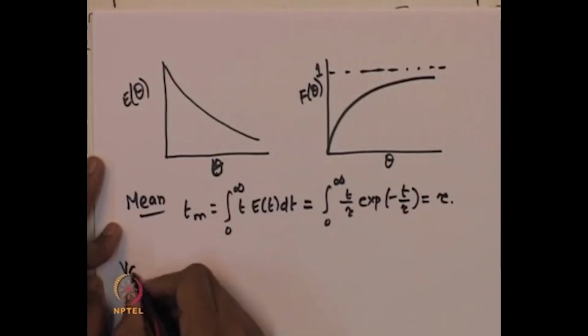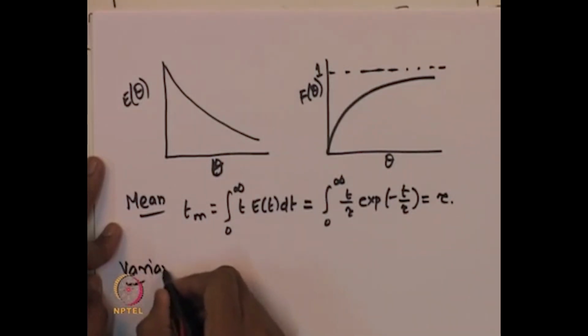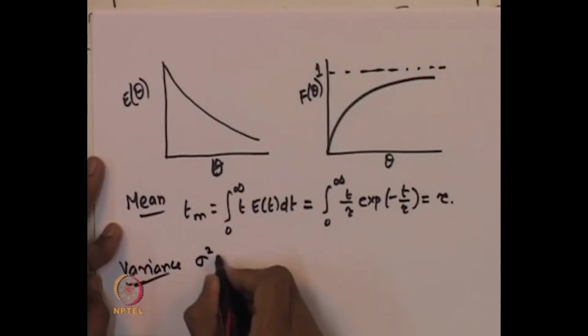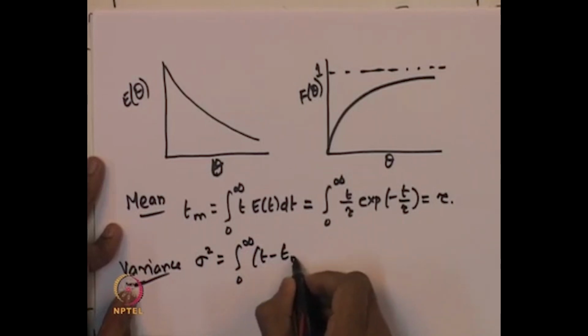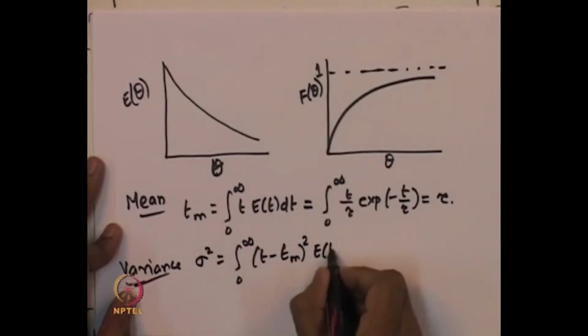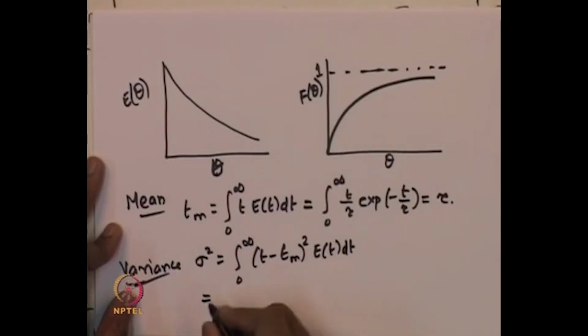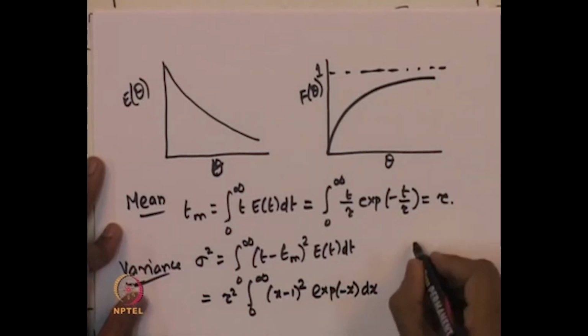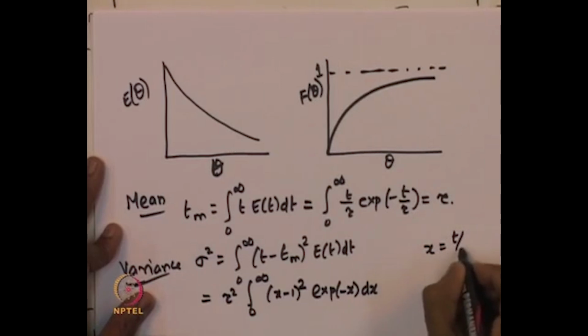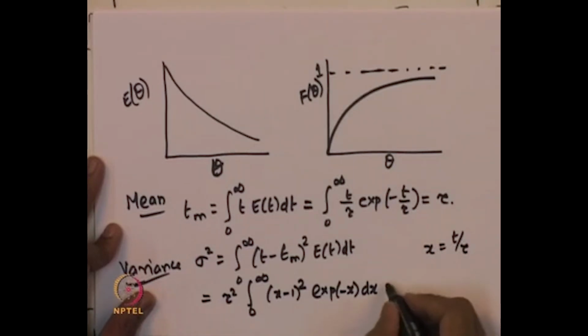If there is no dispersion, then irrespective of the RTD, the mean residence time should be equal to the space time of the reactor itself. And now the variance, sigma square, is given by the integral from 0 to infinity of t minus t m, squared, times E of t dt, and that should be equal to tau square times the integral from 0 to infinity of x minus 1, the whole squared, times exponential of minus x dx, where the change of variable is done by setting x equal to t by tau.